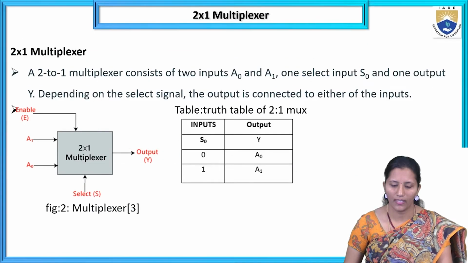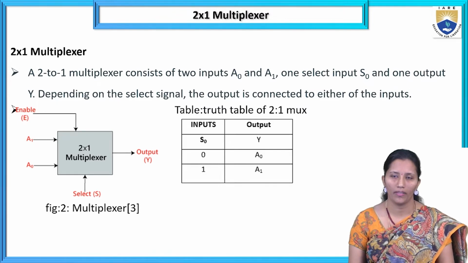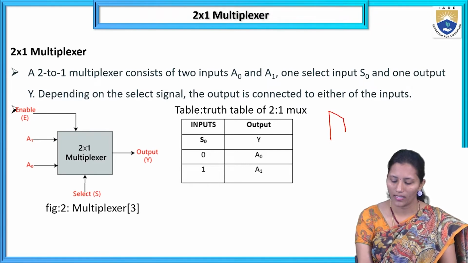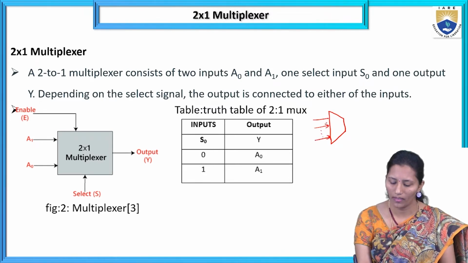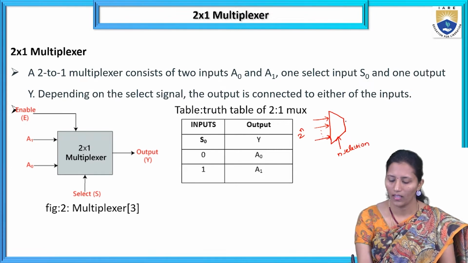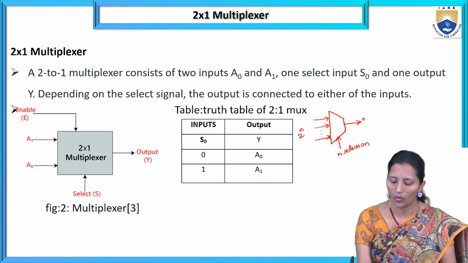So first we will discuss the 2x1 multiplexer. First we will discuss the symbol here. This is the symbol of a multiplexer. The inputs we are giving are 2 power n inputs, with n selection lines, and for any multiplexer we have only one output.